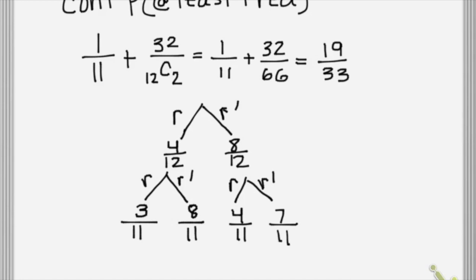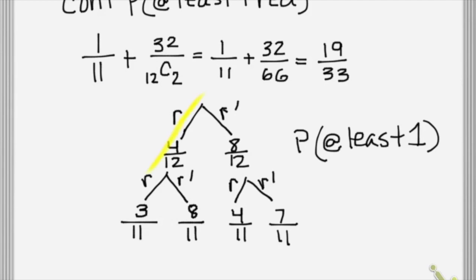Now to calculate the probability, what was I trying to do? I was trying to do the probability of at least one red. At least one. All right, so where are the paths that lead to one or more red? This path here leads to 2 red.